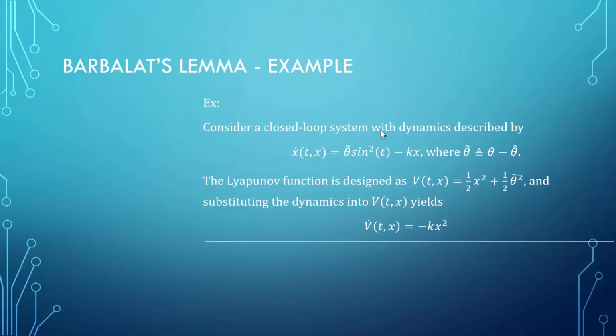Given these dynamics, we choose a Lyapunov function to prove stability. After you substitute this into the time derivative V dot, you get V dot equal to minus k x squared. Is it ND or NSD? It's NSD, because in your V you have x squared and theta tilde squared, but here theta tilde squared disappears.